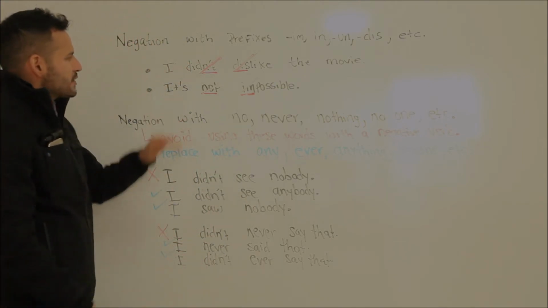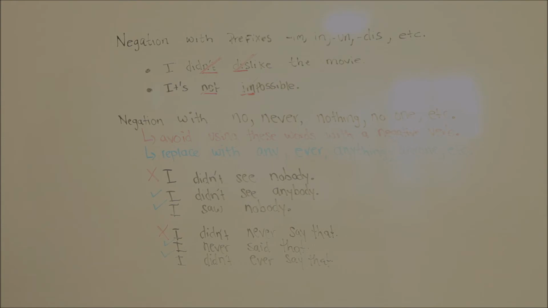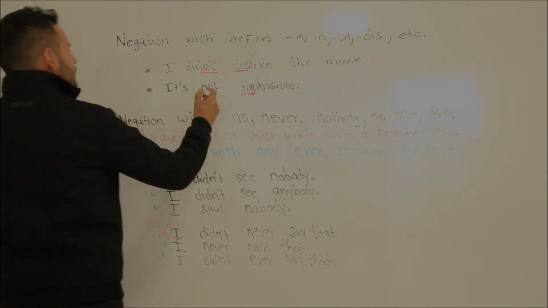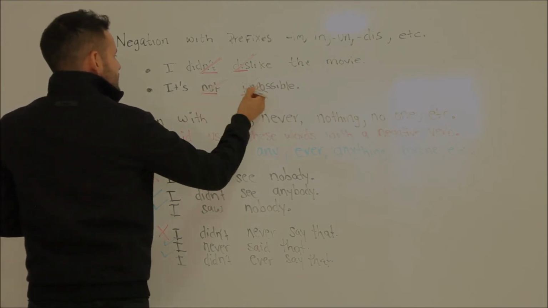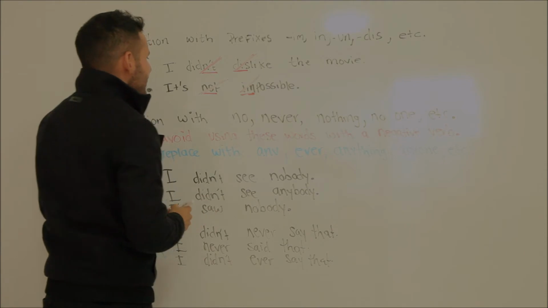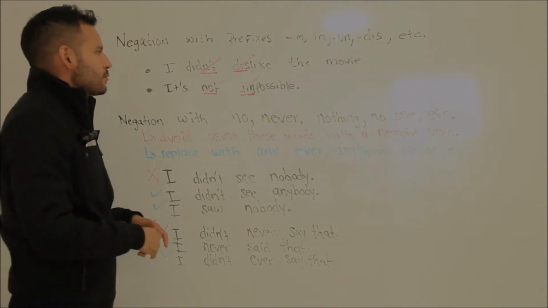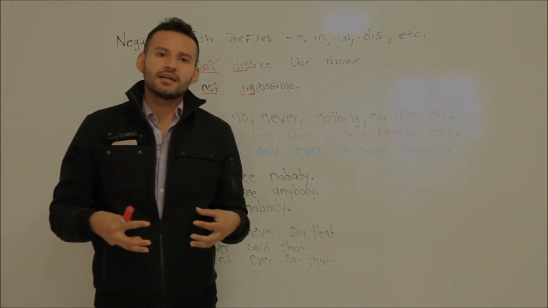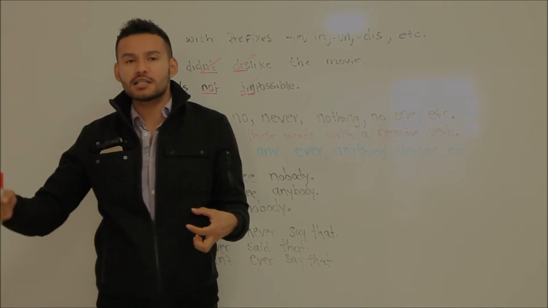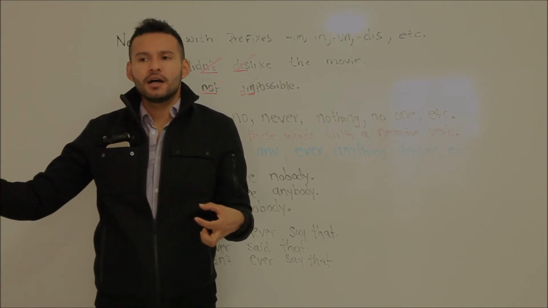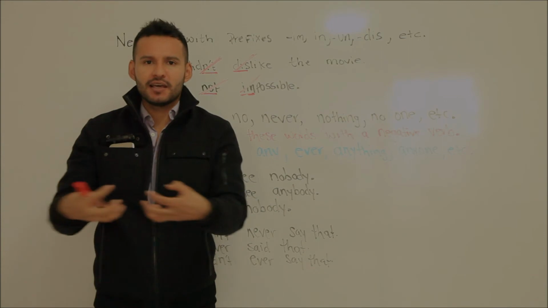Similarly, if you take a look at the second example, you have it's not impossible. And again, the prefix im is negative and the word not is negative as well. So if you say that it's not impossible, not and im cancel each other out.